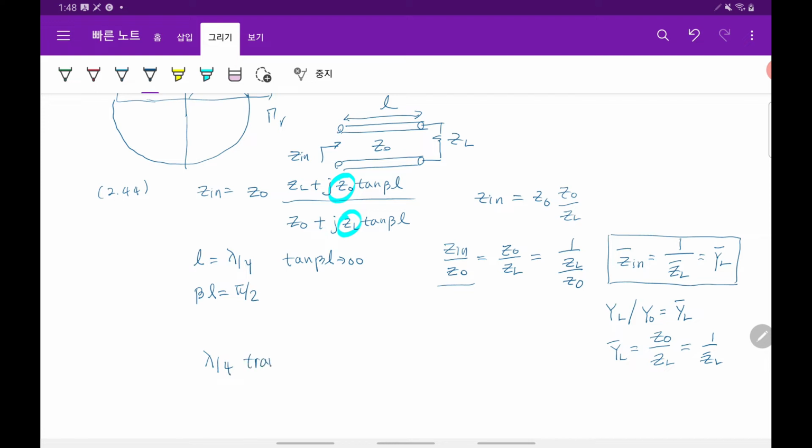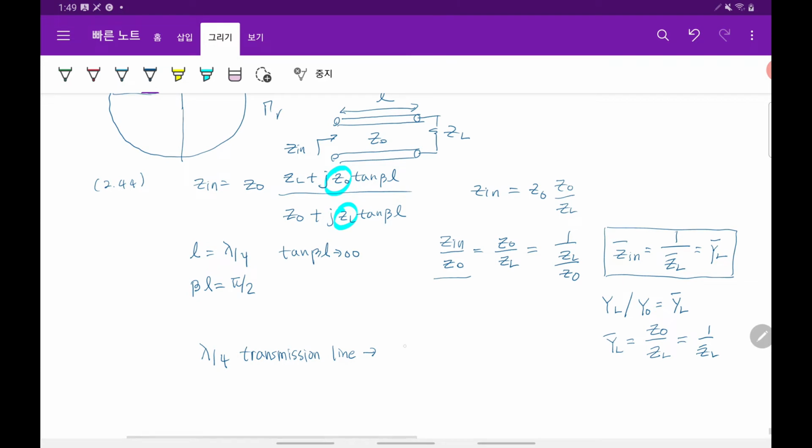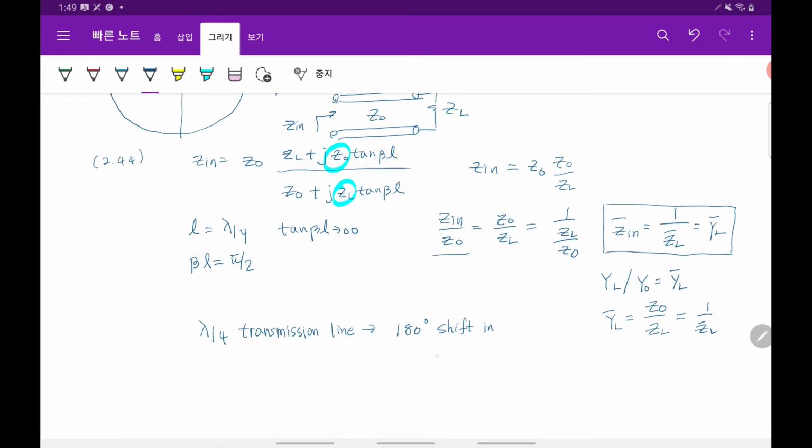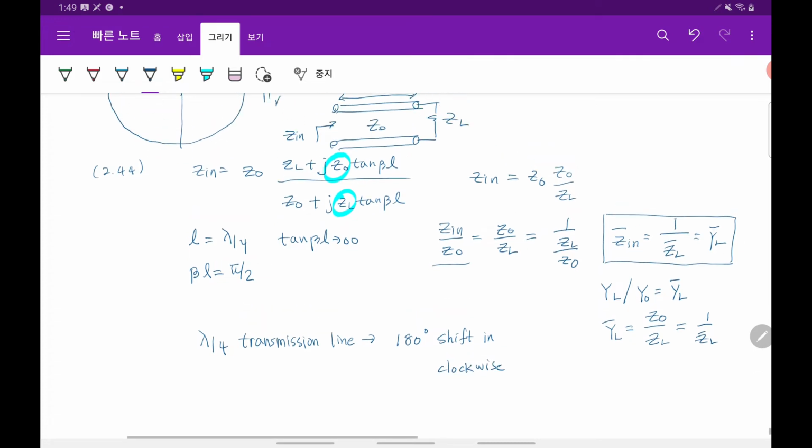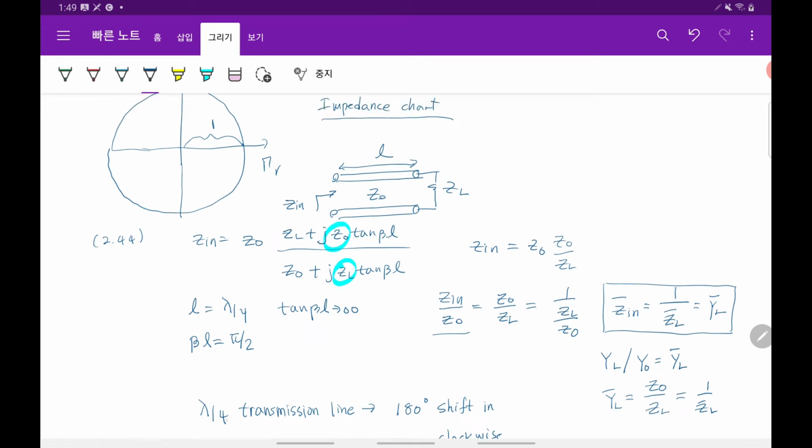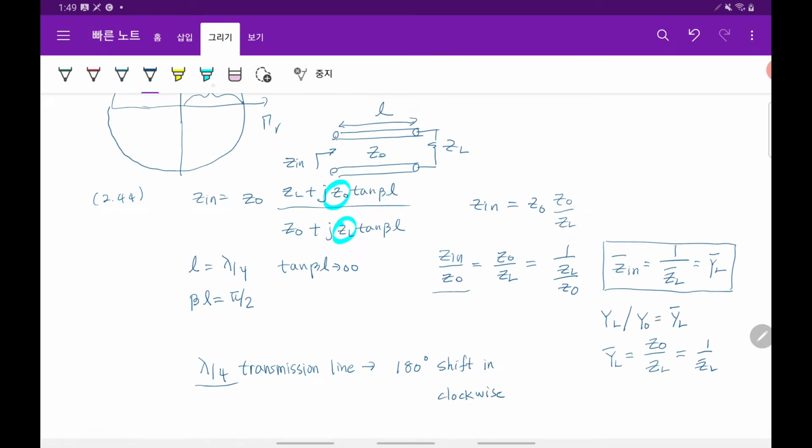transmission line, a lambda over 4 long transmission line, provides a 180 degree shift in the clockwise direction. Because we use lambda over 4 length, that means in the Smith chart we have a 180 degree shift.